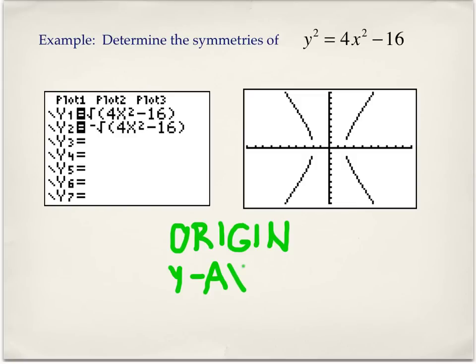Clearly, if you folded it over the y-axis, it would fold onto itself. And I think even in this case, we could say that the x-axis would be a line of symmetry. I don't think that either the line y equals x or y equals negative x would work in this case, but clearly we have about three good lines there that we can take a look at for symmetry.